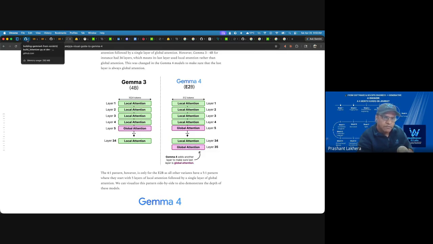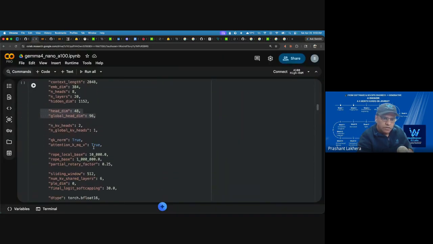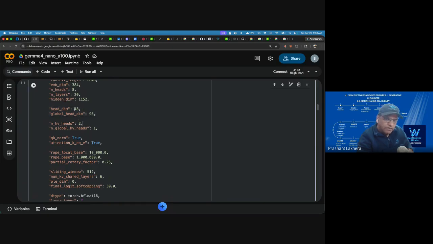And if you look at our configuration, there is another thing they have defined. For example, for local attention they define the dimension as 48, but for global heads they define the dimension as 96. The reason is that the global head is capturing more perspectives, so it needs more dimensions, whereas the local head is not capturing all the perspectives, so they defined a lower dimension for it.